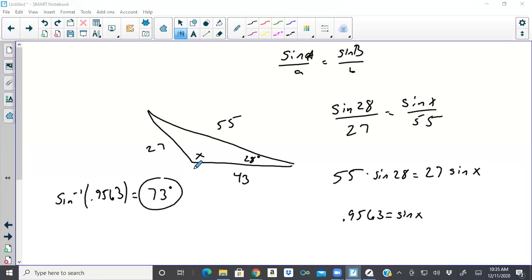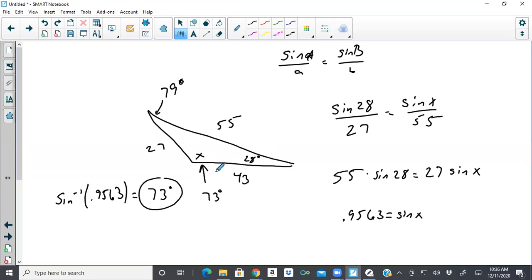Now again, with geometry, we can't trust a picture. We have to make sure we're paying attention to what the actual work tells us. But if I tell you that this angle right here is 73 degrees, that would mean I can solve for this other angle. So 73 plus 28 is 101, and then that would tell me that this angle is 79 degrees. Why is it not okay for this angle to be 79 degrees and for this angle to be 73 degrees?